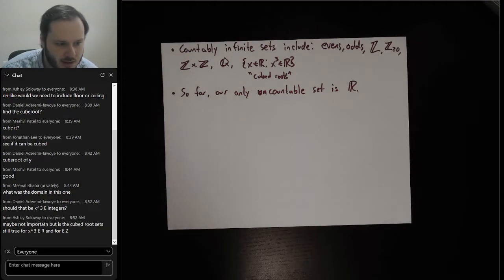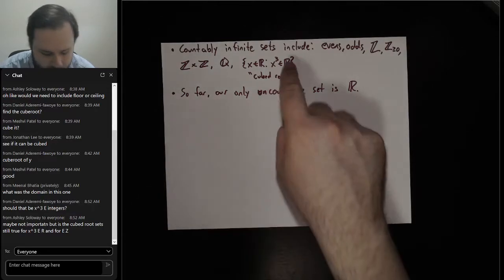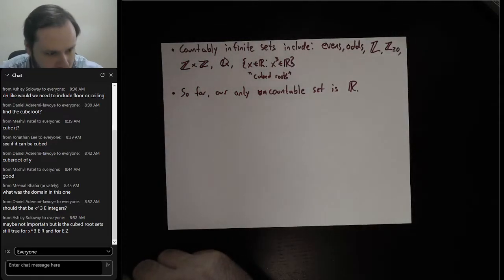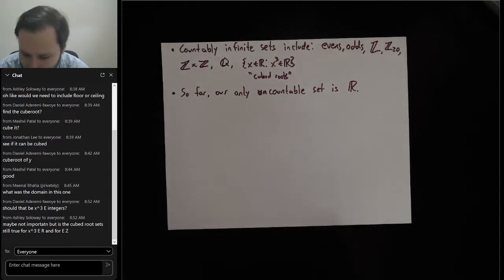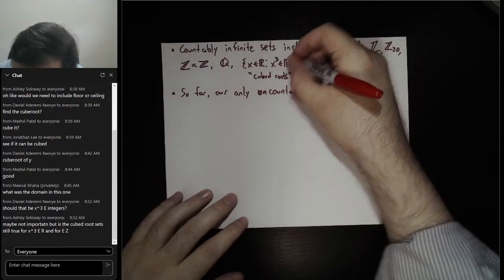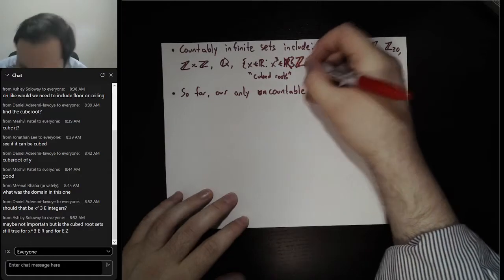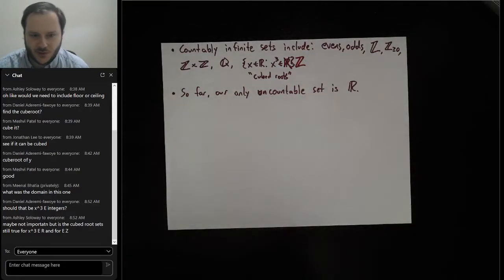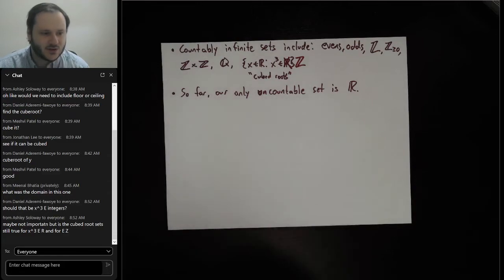Should that be x cubed? Yes, I'm sorry. You're absolutely right. This should be x cubed is an element of the integers, not the real numbers. Otherwise, that's just the real numbers written in a fancy way.